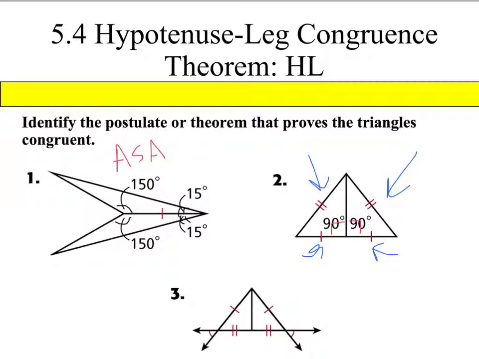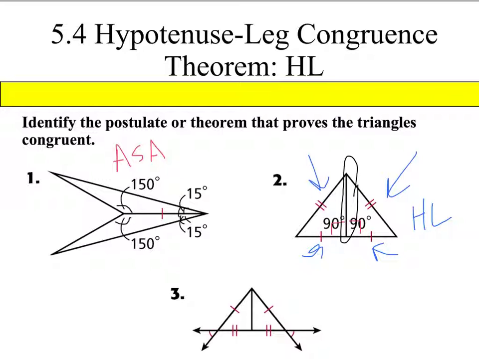We have a hypotenuse and a leg congruent, so we could just use the hypotenuse leg congruence theorem, of course. Awesome. Another way you could look at this, you could also notice that they do share this third side. So if you put side, side, side in this, excellent. That's just another way. So hypotenuse leg, or I'd also take side, side, side.